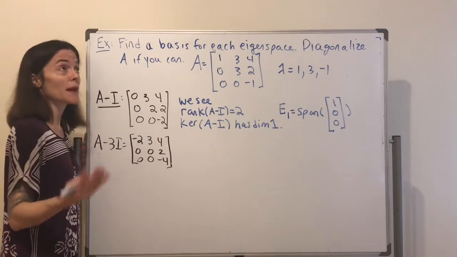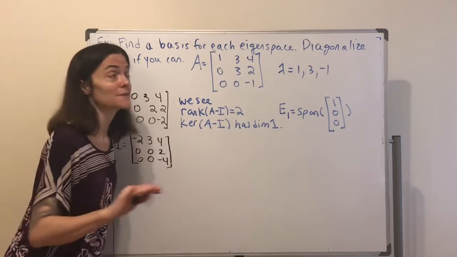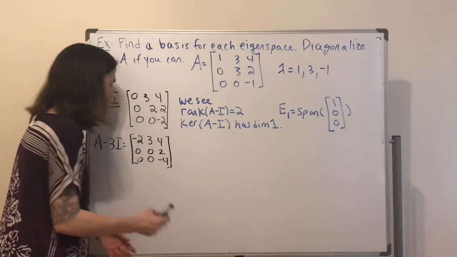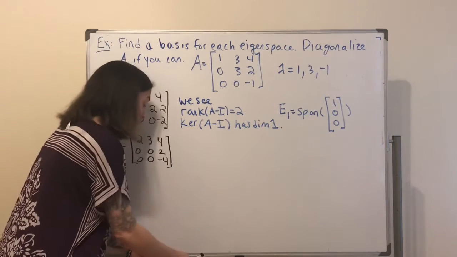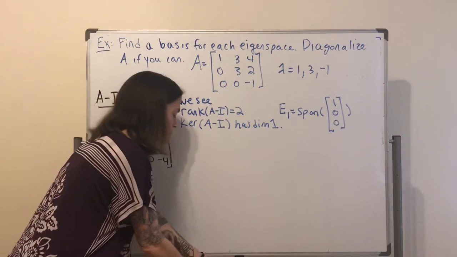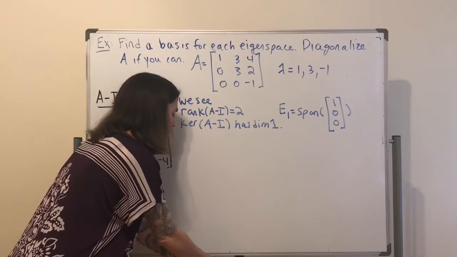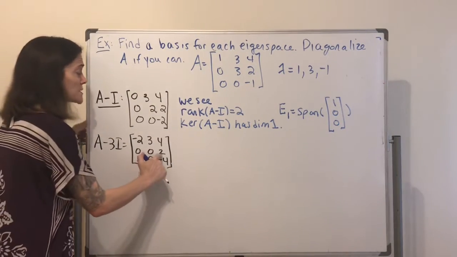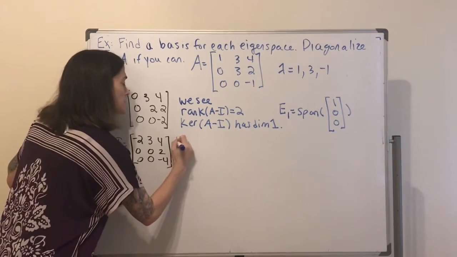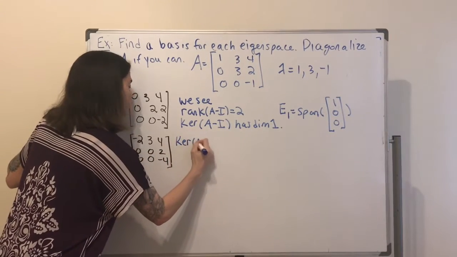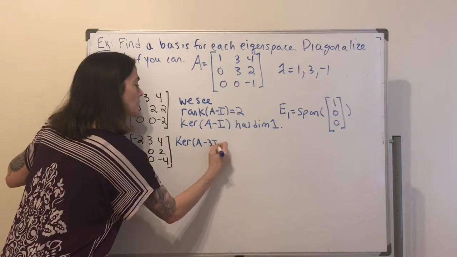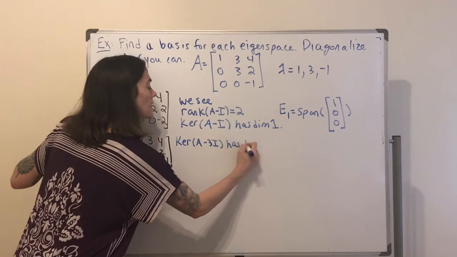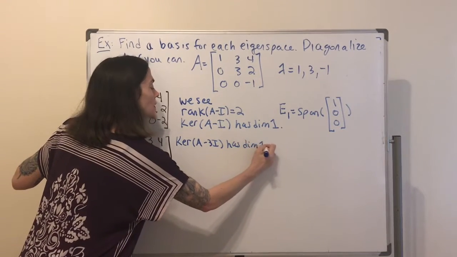This matrix has rank 2, so the kernel will have dimension 1. It's not that hard to get to reduced row echelon form here, but we must have dimension 1 because this matrix has rank 2.